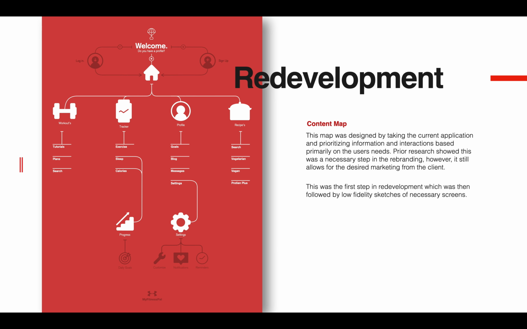Moving forward into this redevelopment, we began with a content map. This map essentially mapped out the user's ideal movement throughout the application. While cross-referencing the site's needs, we planned out basic gestural movements for each user from the splash page going forth into the rest of the mobile app.